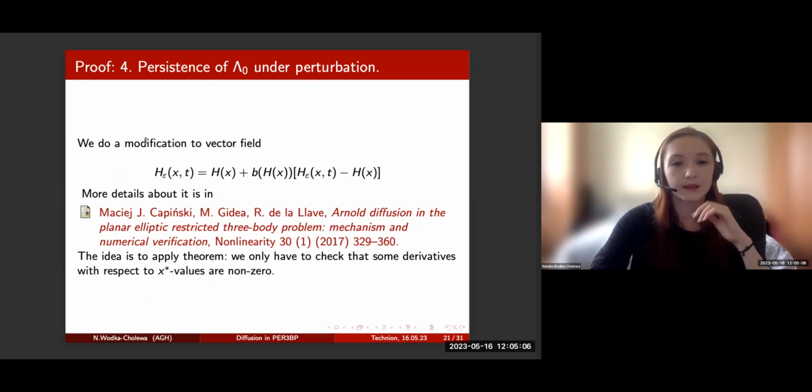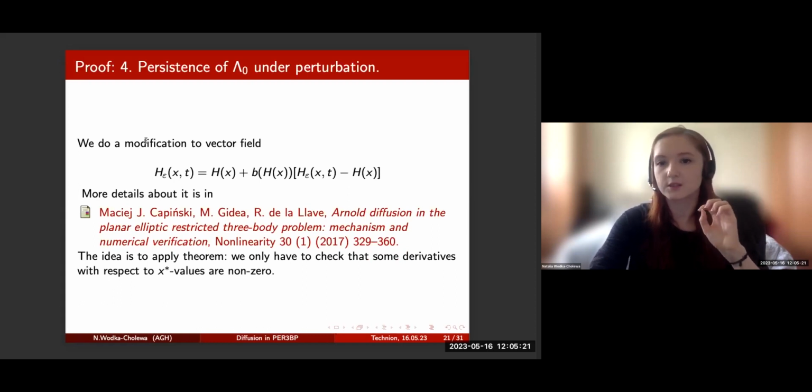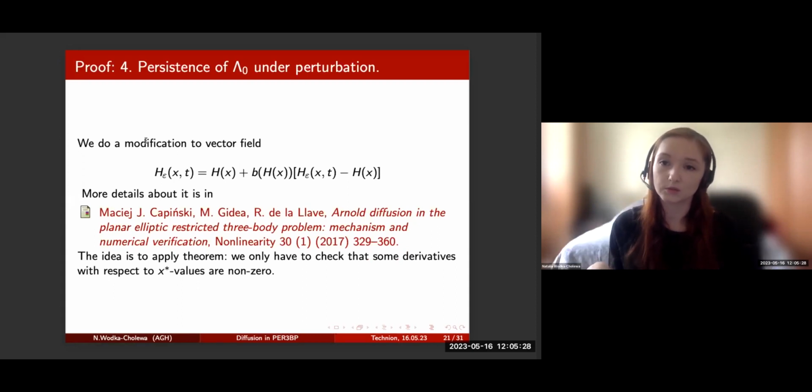You can check it if you want, and the theorem says that we have only to check some derivatives with respect to our value that are non-zero, and then it works. So for us it's only checking these derivatives, but under this there's a lot of work for the modification. We didn't do the modification.